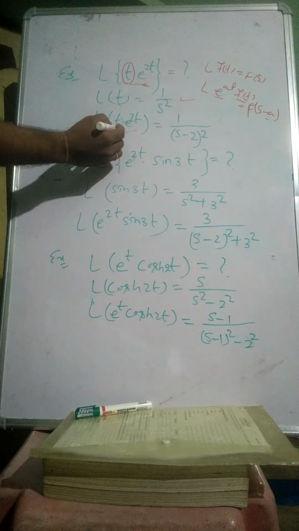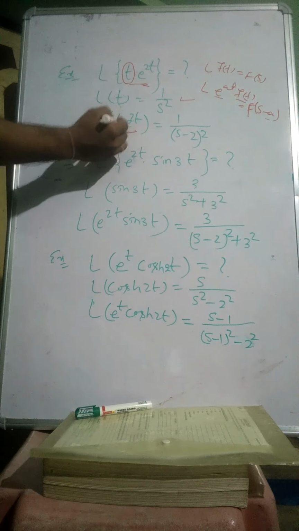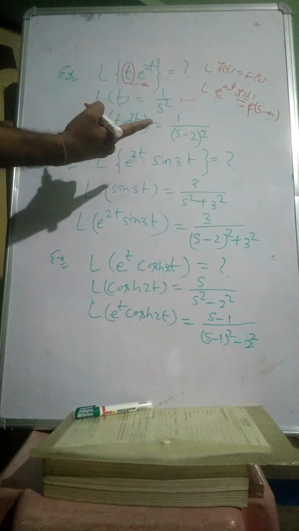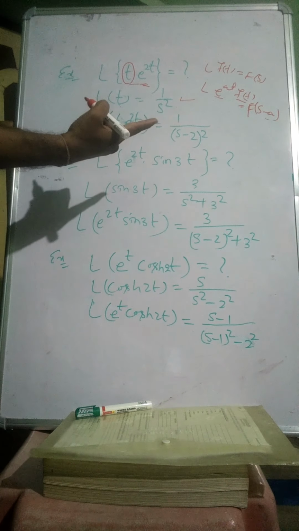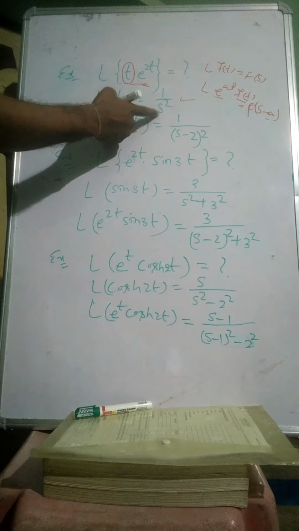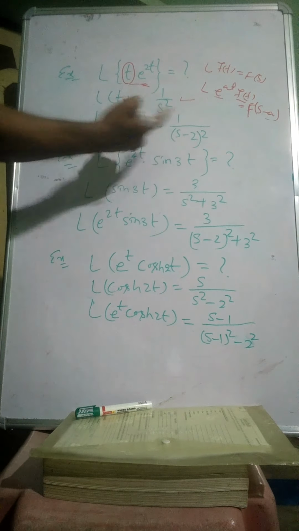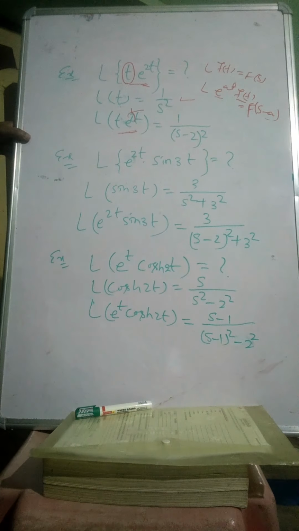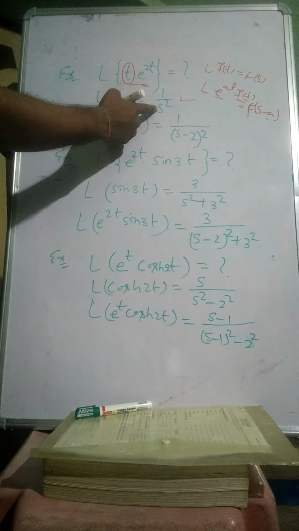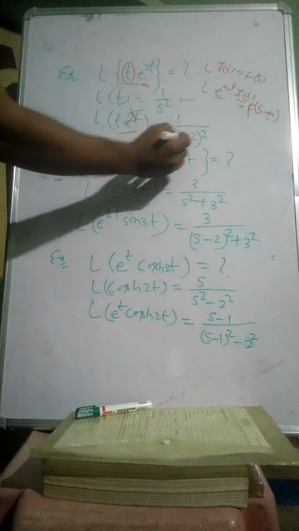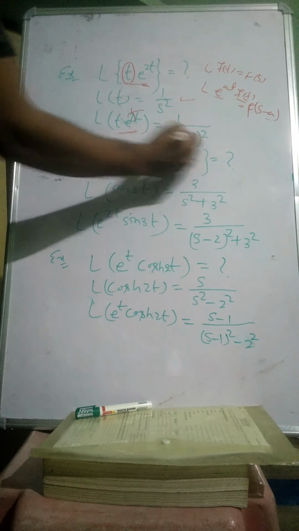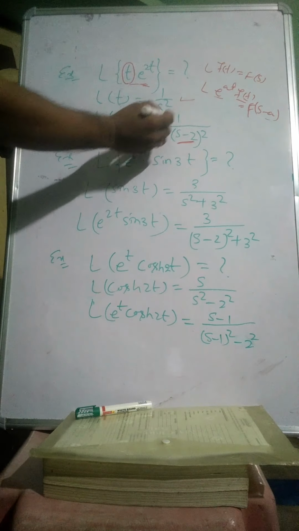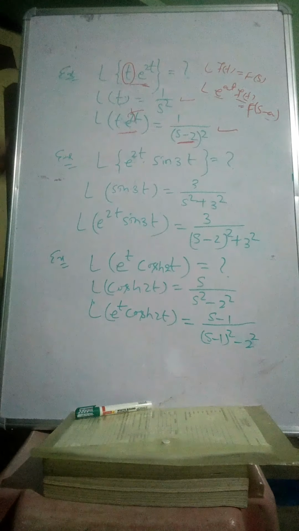Now, to find Laplace of t into e to the power 2t, because e to the power 2t is multiplied, we have to note that s will be replaced by s minus a. What is a here? Our a is 2 here. So s is replaced by s minus 2. So the result is 1 by (s minus 2) square.